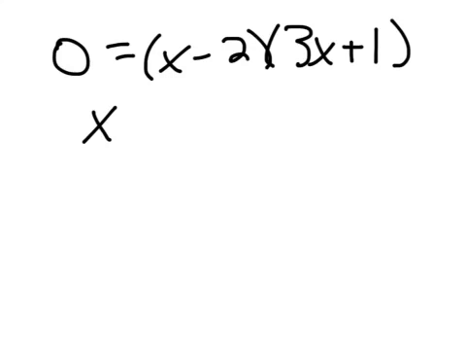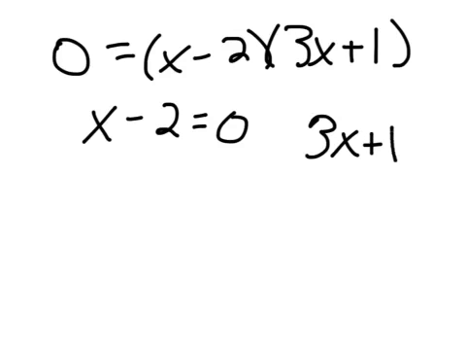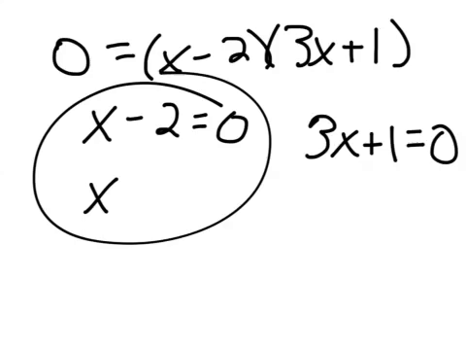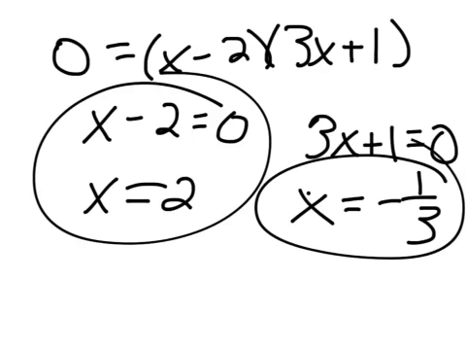So x minus 2 equals 0 and 3x plus 1 equals 0, which gives you x equals 2 and x equals negative 1/3. So those are your x-intercepts.